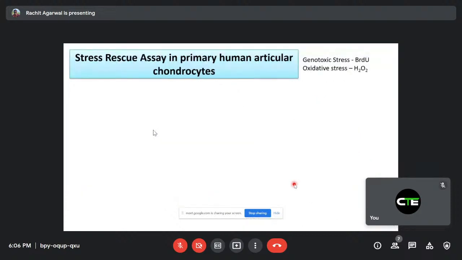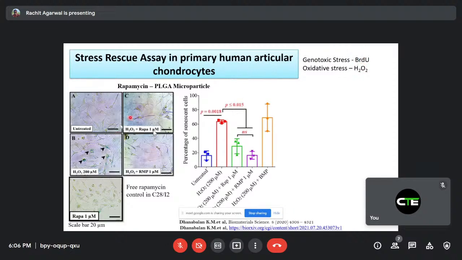We then looked at, okay, is it preventing senescence at a cellular level? So we stressed the cells with 2 stress agents, oxidative stress with H2O2 and genotoxic stress with BrdU. These are pictures which we can quantify. The stressed cells will start turning blue under acid beta-gal staining.